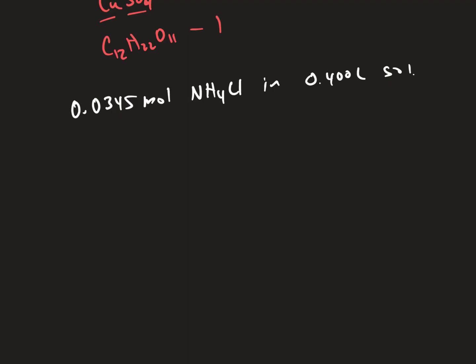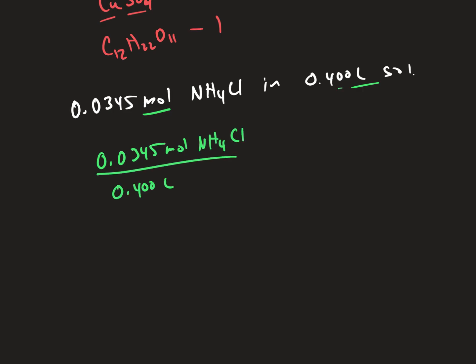So what are we going to do? Anybody? Find the molarity first, right? Moles per liter. We have moles and we have liters. 0.0345 moles of ammonium chloride over 0.400 liters of solution.